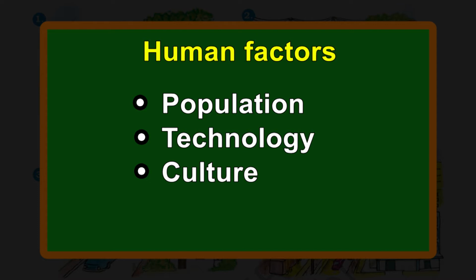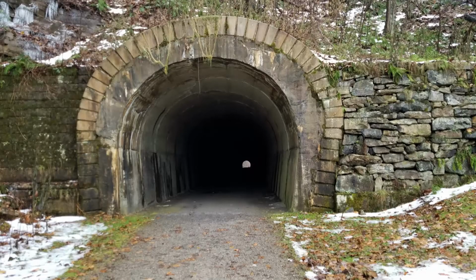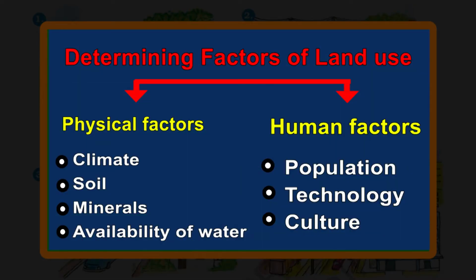Even there are some human factors such as population, technology and culture which determine the kind of land use. We construct religious buildings and we have used technology for constructing tunnels. So due to differences in these physical and human factors, there are differences in the kind of land use.